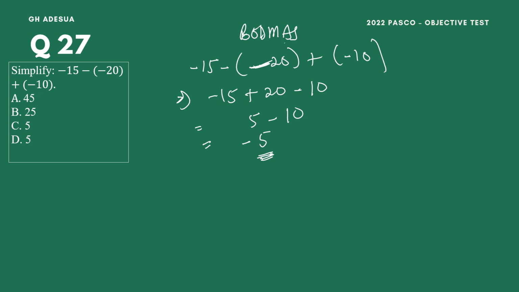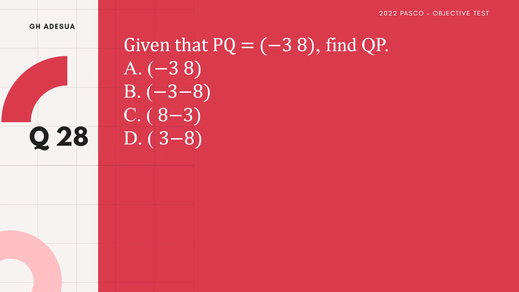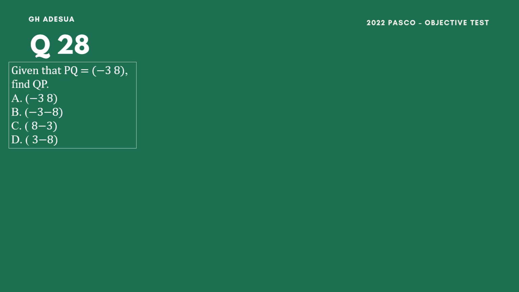Alright, moving on to our 28th question. Given that P is (3, 8), find QP. So in our PQ, the task is to find QP.